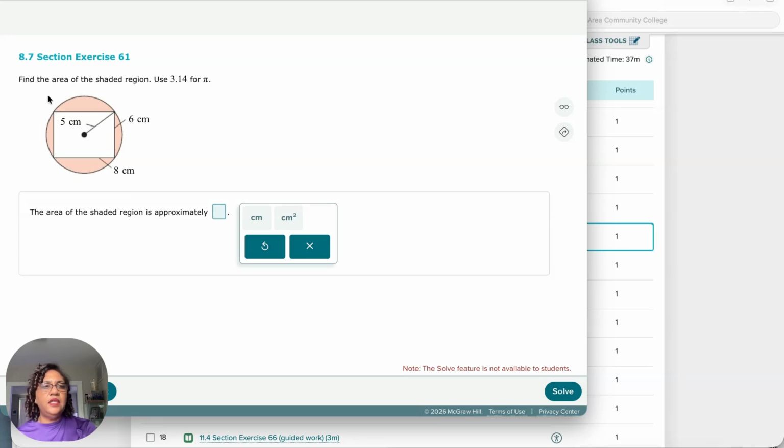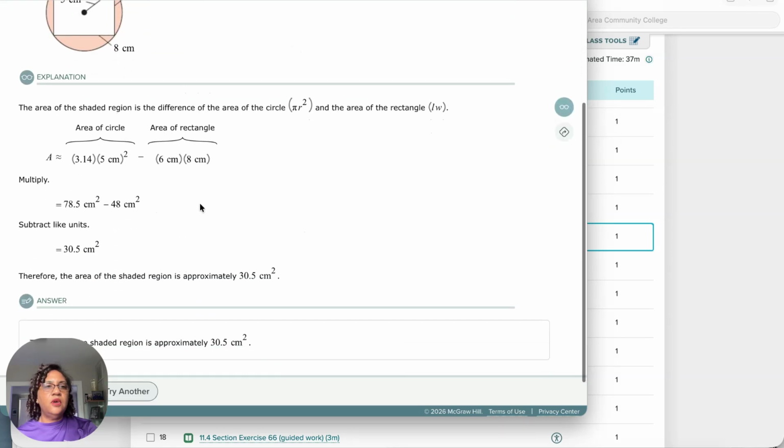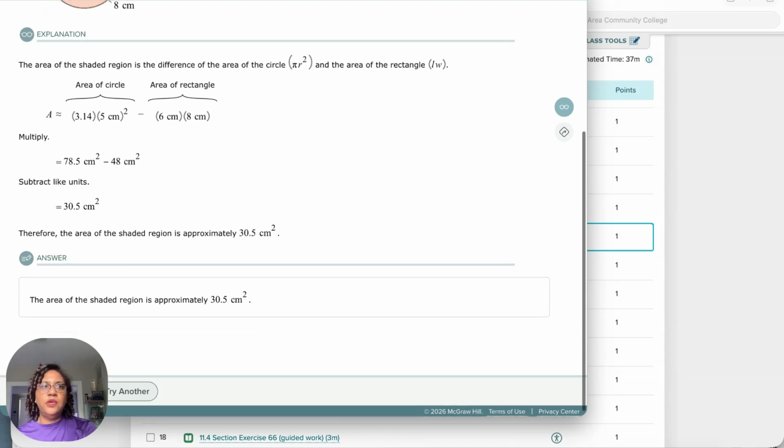So you need to find the area of the circle. And then you need to find the area of the rectangle, which is 48, and subtract it. That's all you need to do. Explanation. So here's the area of the circle, the area of the rectangle, subtract it. Nothing to it.